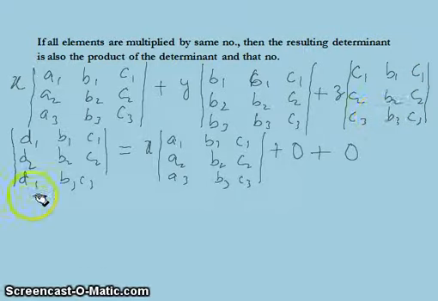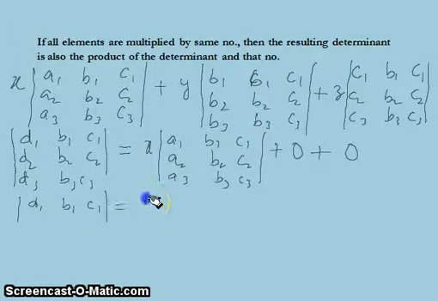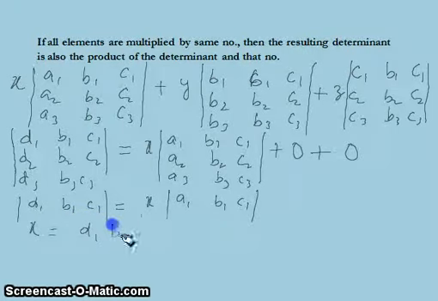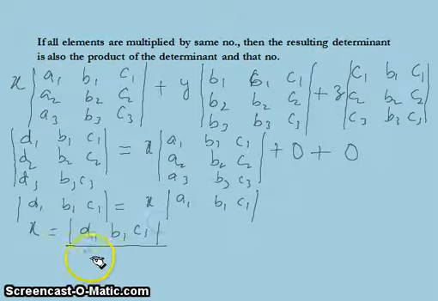Now we can write this in short form as the determinant D1 B1 C1 is equal to x into the determinant A1 B1 C1. We have used the short notations for these determinants. Hence x gets the value of the determinant D1 B1 C1 divided by the determinant A1 B1 C1.